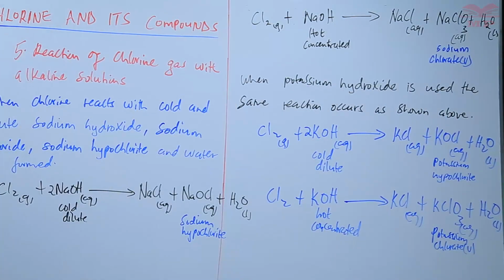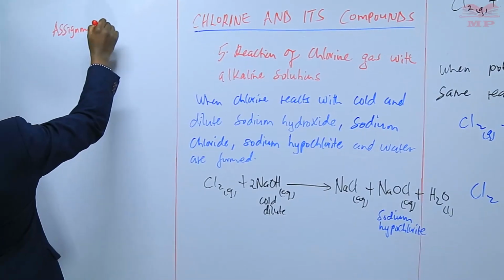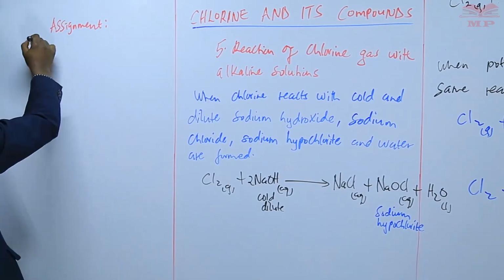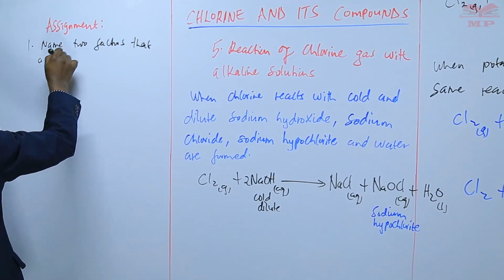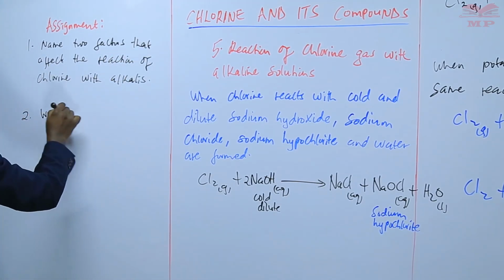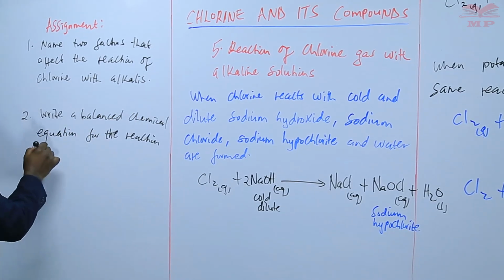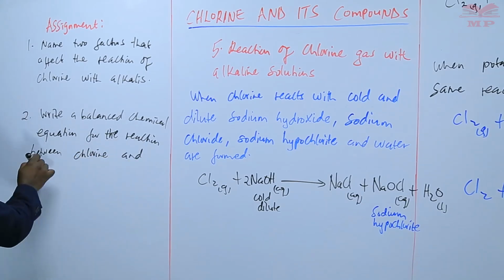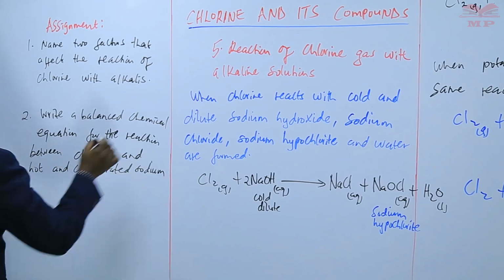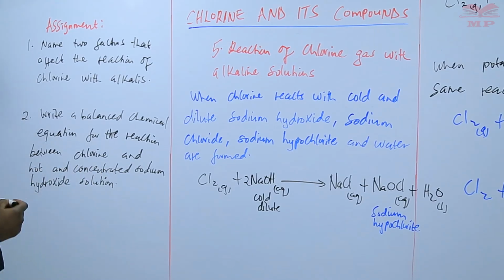So we'll have an assignment on that. Number 1, name 2 factors that affect the reaction of chlorine with alkalis.